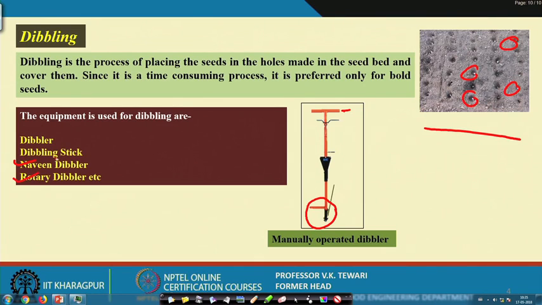Fact remains that they simply wanted to place the seeds in holes made in the seed bed and cover them. That was the aim, so that individual seeds could be precisely kept at the required depth, get the nutrients from the soil and grow with sufficient spacing from seed to seed, so that all the seeds around the location will grow and give a good crop.